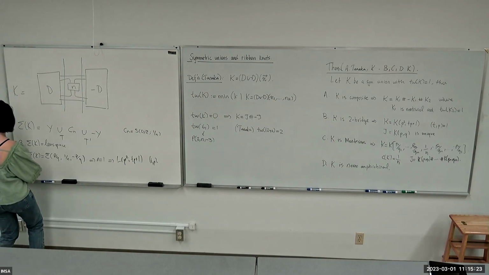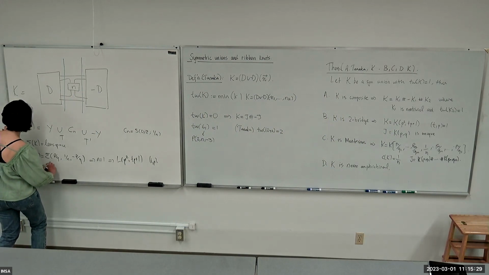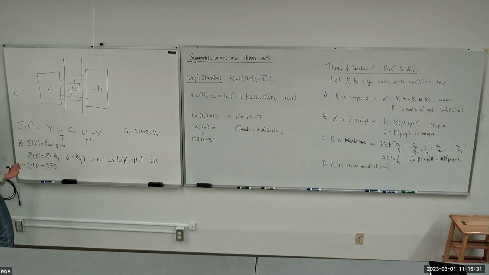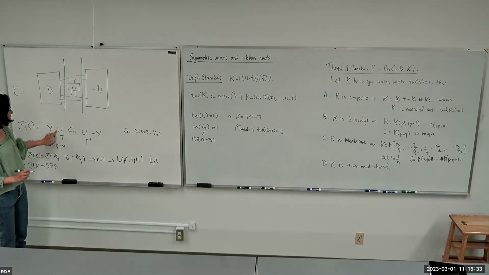And for part C, now I know that it's a Seifert fiber space, but we already ruled out the case where this T was incompressible, so it must be compressible, and we know that for Seifert fiber spaces which are also rational homology spheres, any incompressible torus can be isotoped to be vertical.